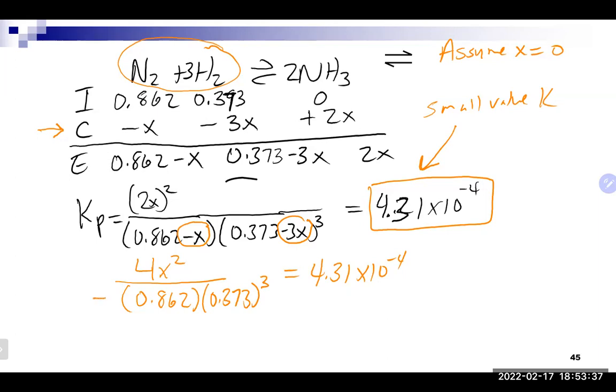And basically that gives you a number like 0.0447, which we're then going to multiply to the other side. We're going to multiply it by 4.31 to the negative 4.